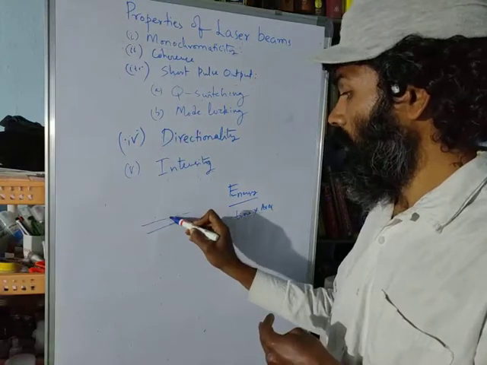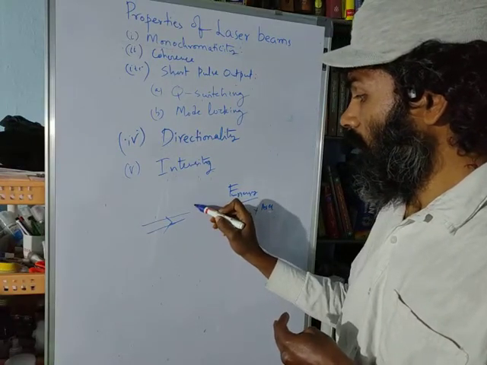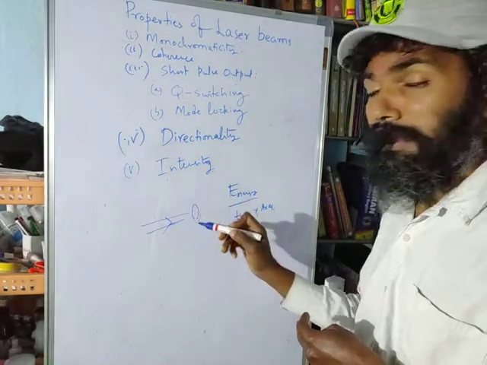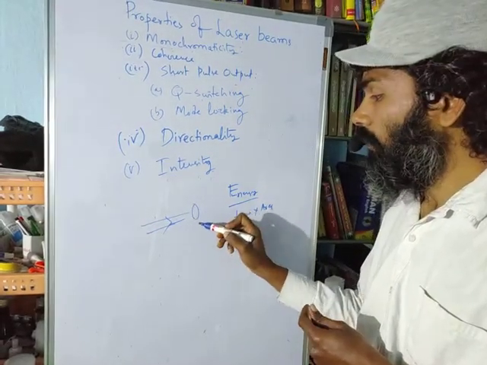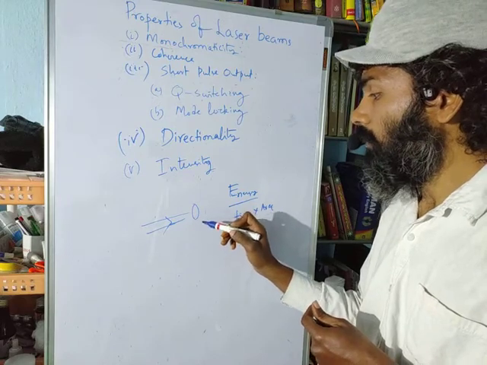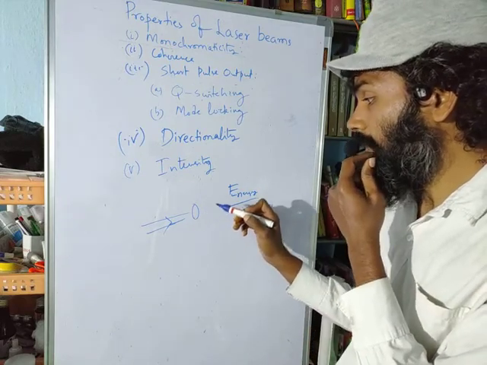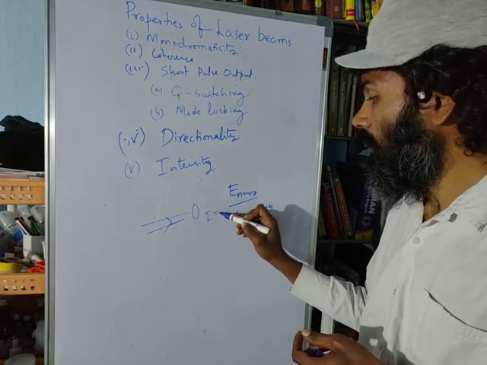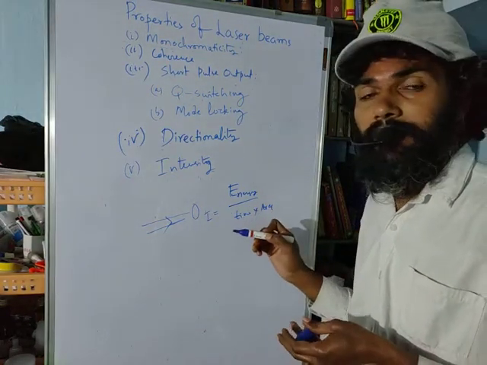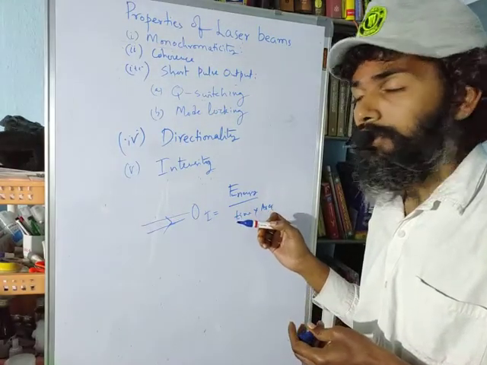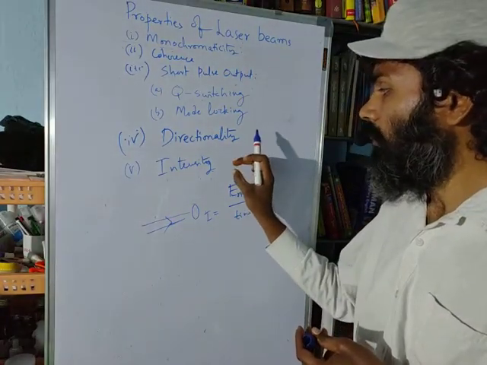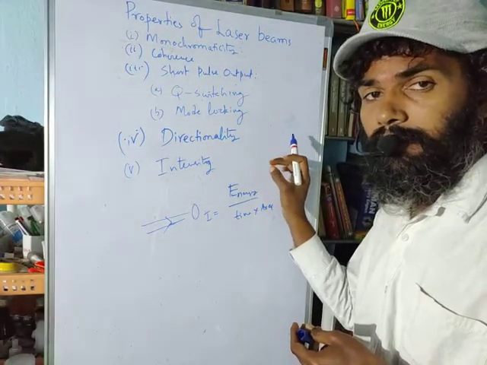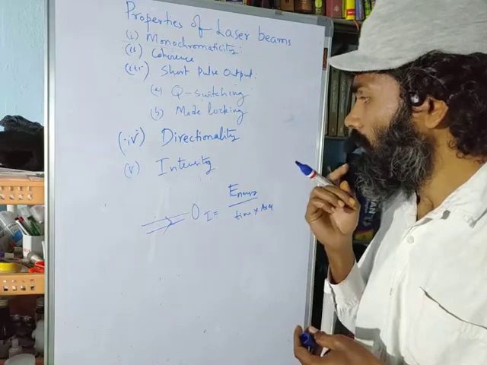So if the light beam is going like this, and you pick up some unit area in the path of the laser beam, then the energy of the light per second is what we call intensity. And for lasers this value can go very high, because the beam is coming only in a small area which is supported by the active medium of the laser.